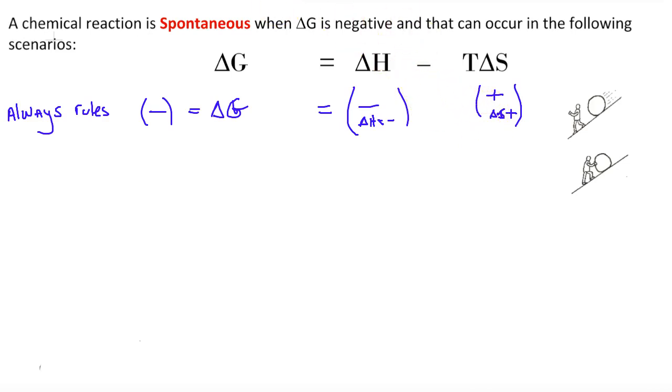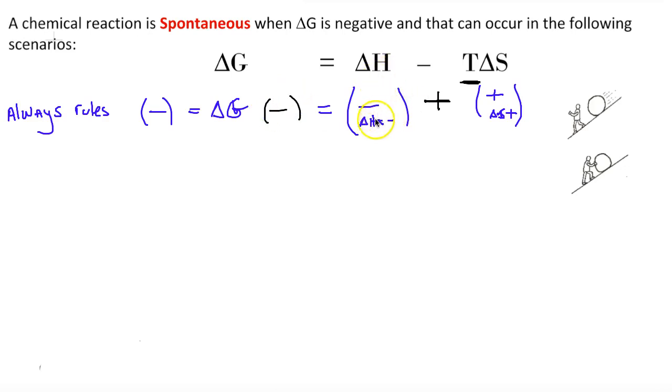Don't forget there's a negative sign here, and so what we get is a negative, and what we learn in math, a negative and a positive, you do plus the negative. So a negative plus a negative always gives me a negative delta G.